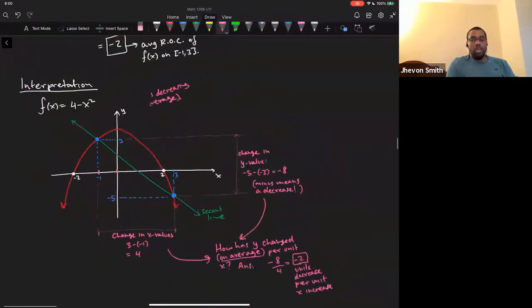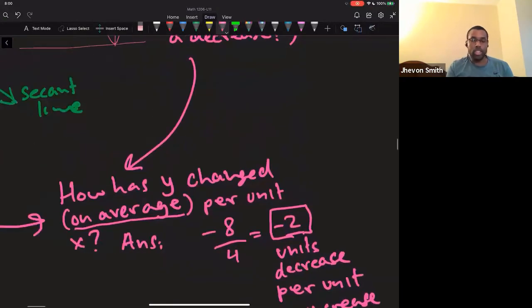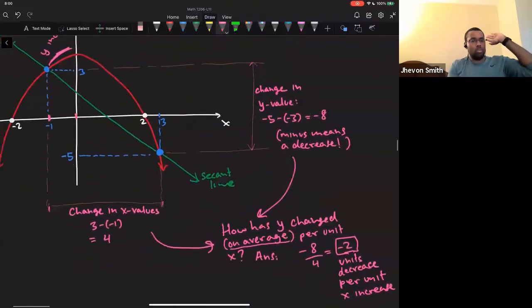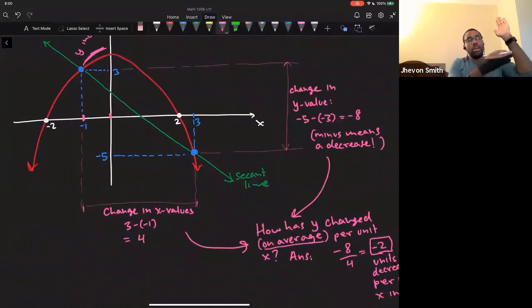Right? And what is a measure of how much it's decreasing on average? Well, -2. It falls by 2 units. So it was at, what was it, 3? On average, at x is -1, if I move to 0, it's going to drop to 1. Then I move over, it's going to drop to -1. Then I move over, it's going to drop to -2.